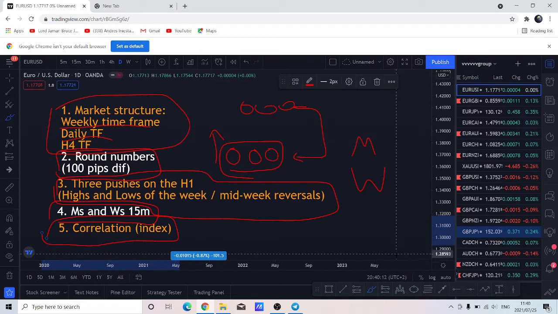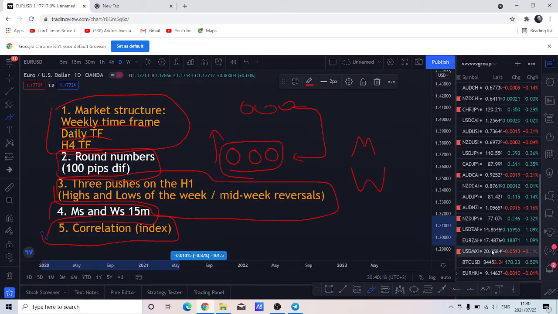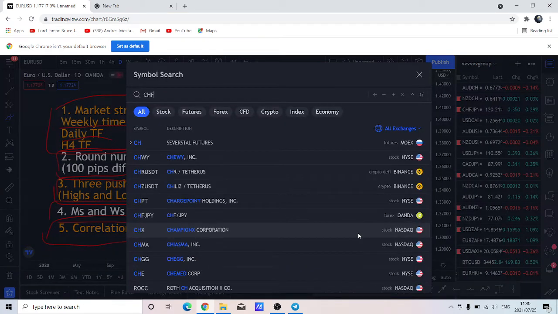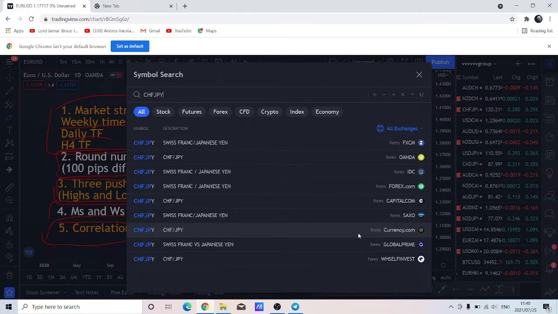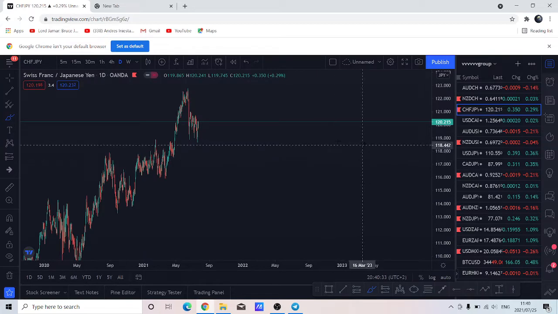So I'm going to choose a currency pair that I think has a nice, okay, let me just go to CAD. Okay, CHF JPY. I think this is the trade that I was hoping to analyze in front of you guys.